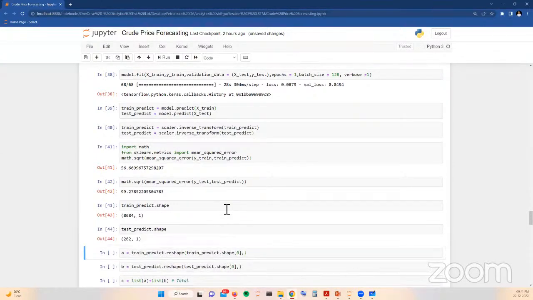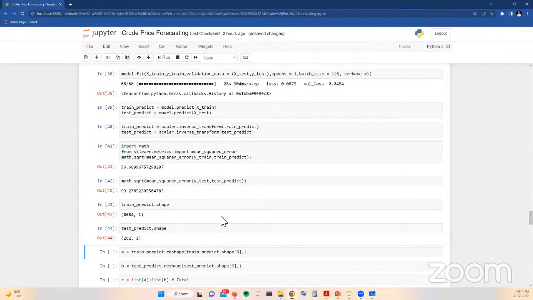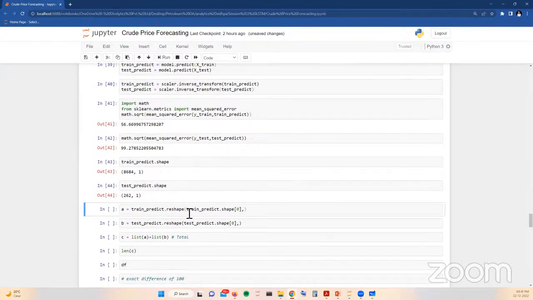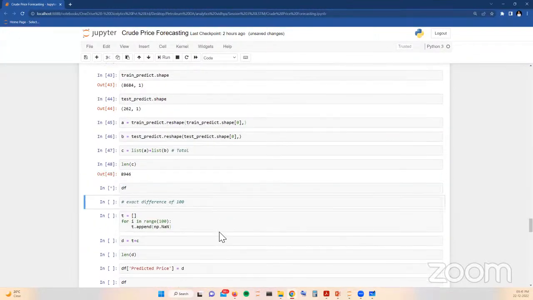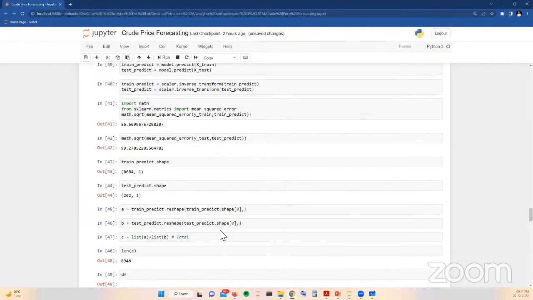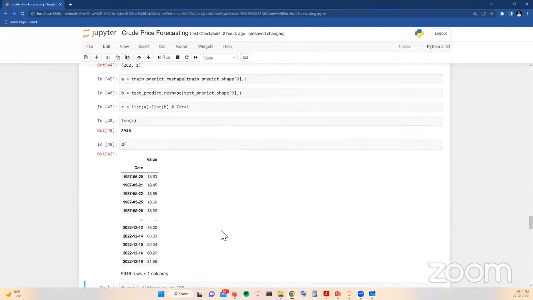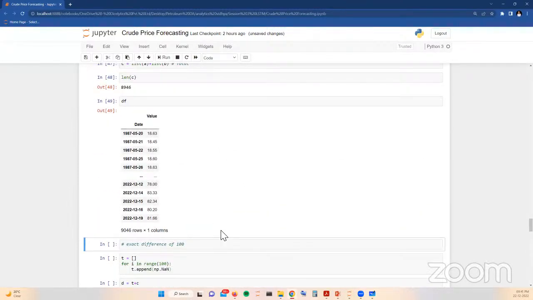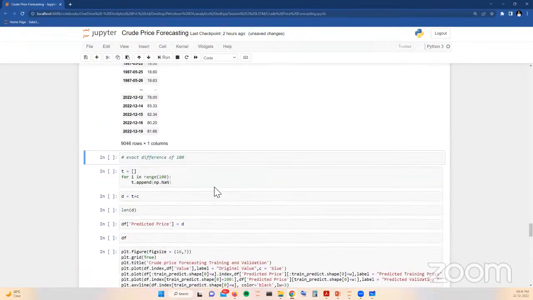So this was my training set shape, and this was my testing shape. Let's make a complete data frame out of my predictions. The first 100 points will be NaN values in this data, because we took the first 100 points and then predicted only the 101st point. So there is no way of getting the prediction for my first 100 points. That's why there will be NaN values.